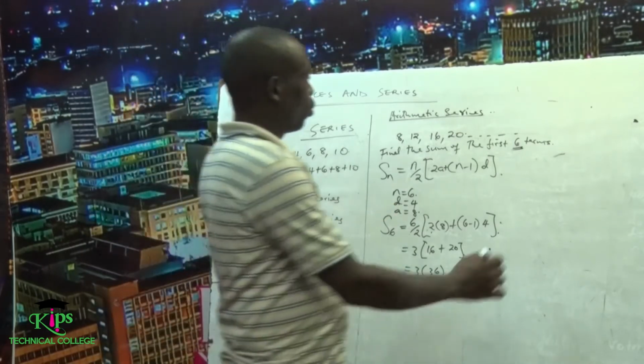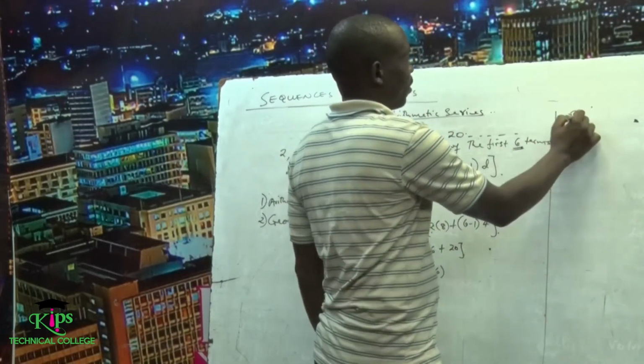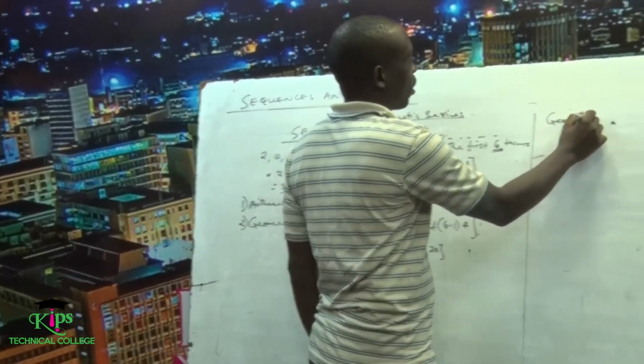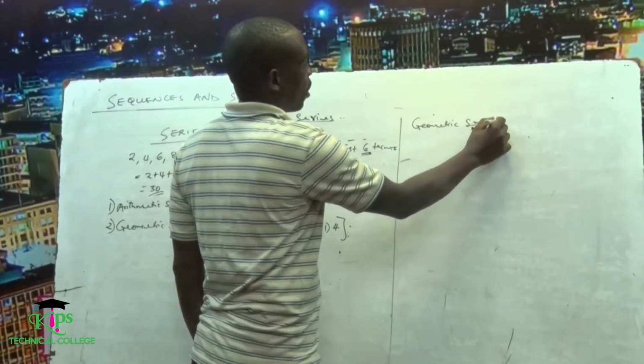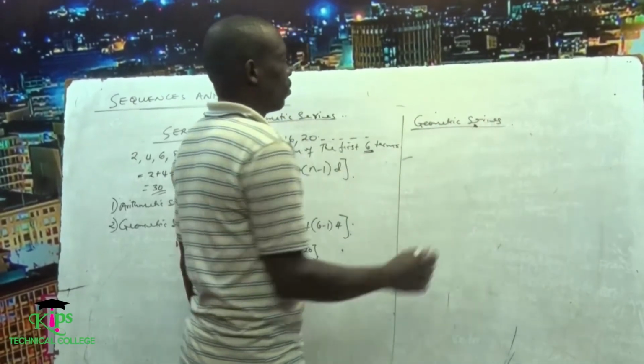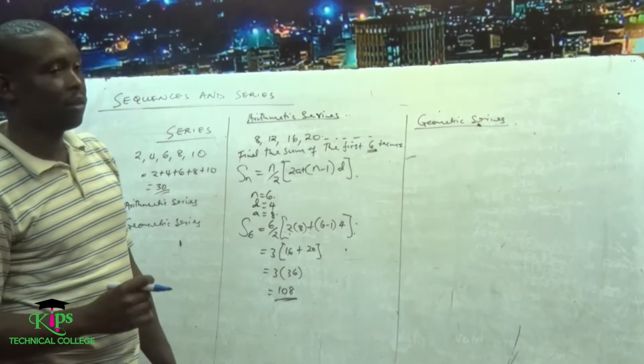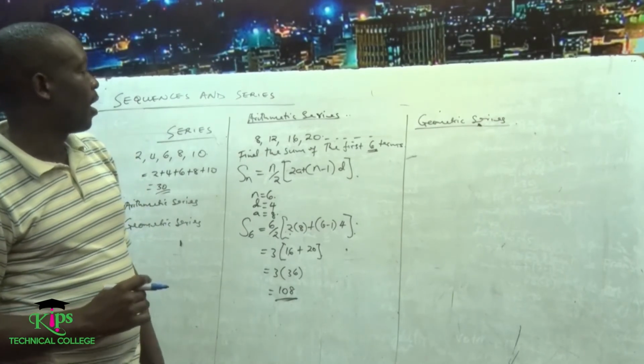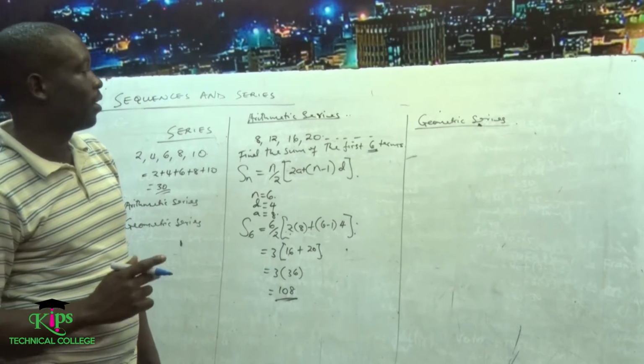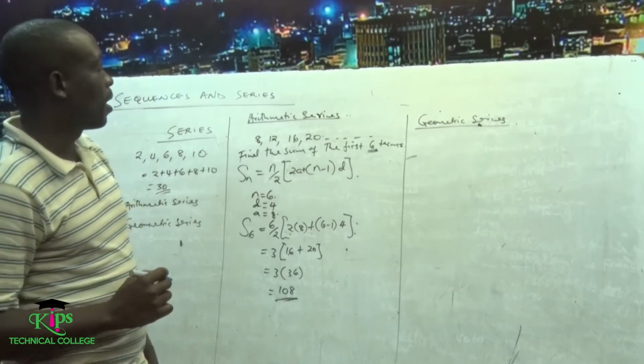I want us to go to the geometric series. The geometric series is the sum of terms found in a geometric sequence, and it is determined by two formulas.